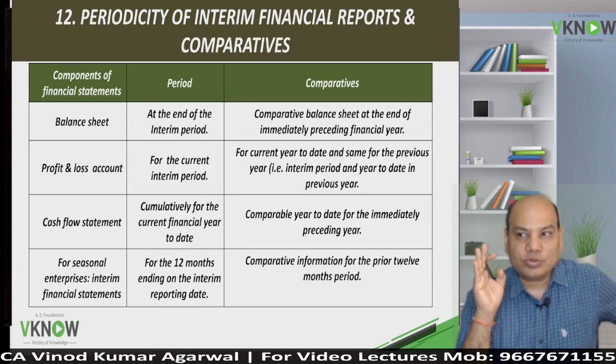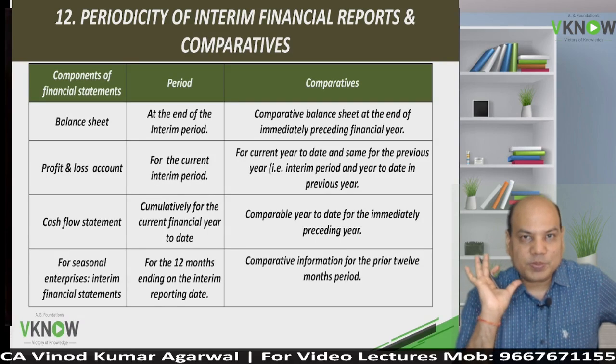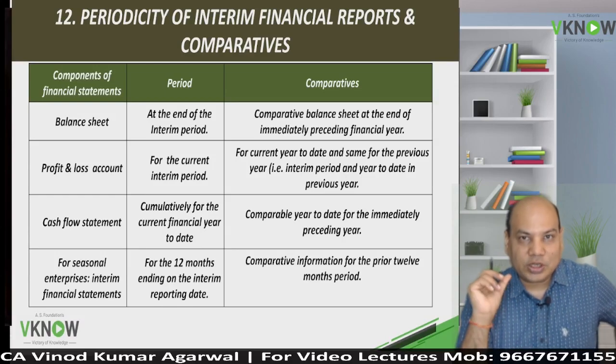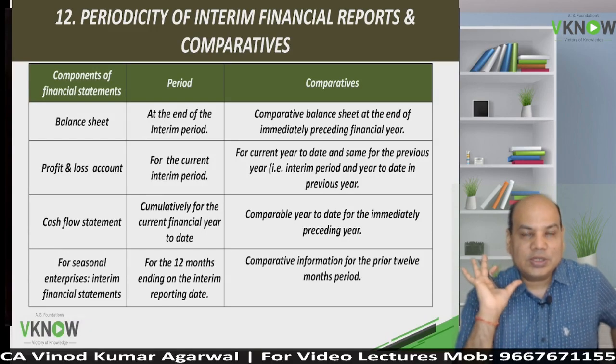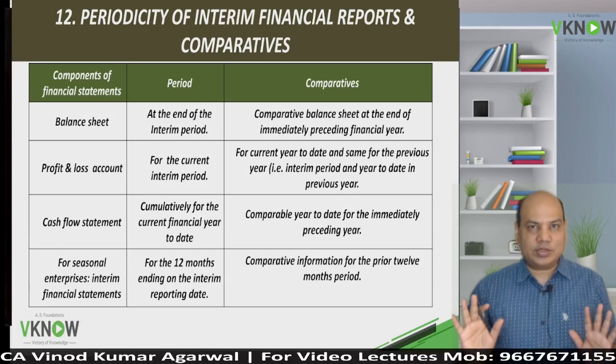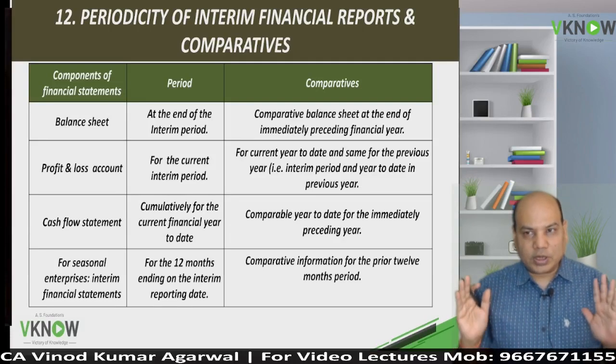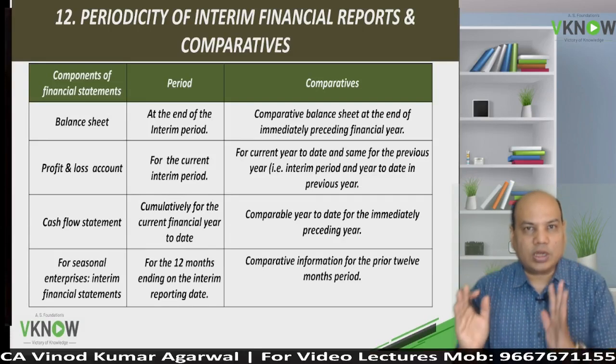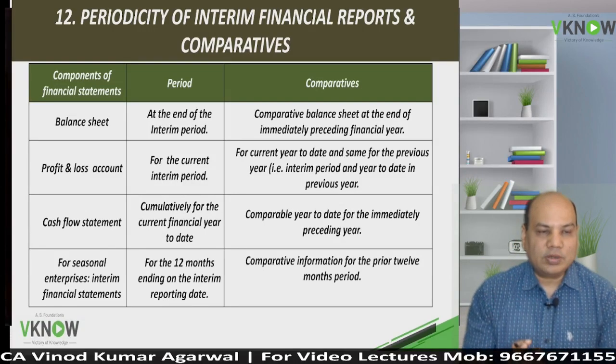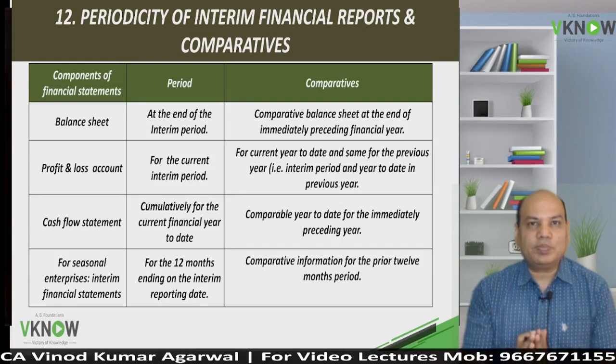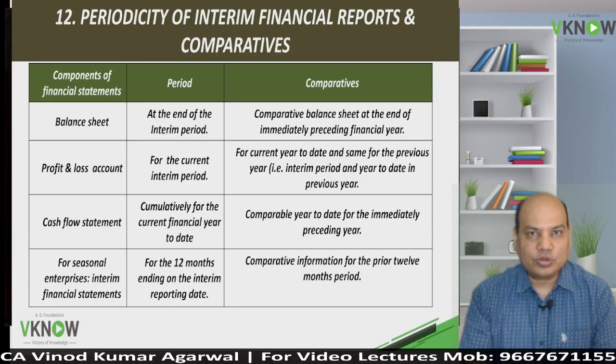What are the comparatives, so that the user can compare the current interim period performance with the previous period, and he can understand the trend, he can understand the change in the important ratios, change in important numbers, and accordingly he will decide about his investments. Okay. So for comparison purpose, what are the statements to be given, and for the current interim period, what are the statements to be given?